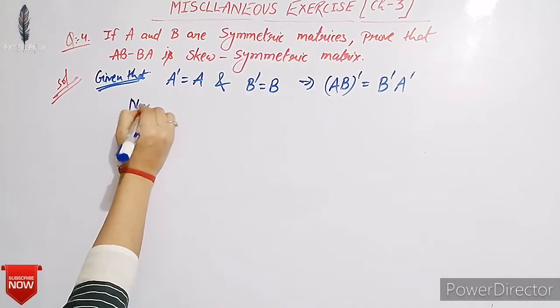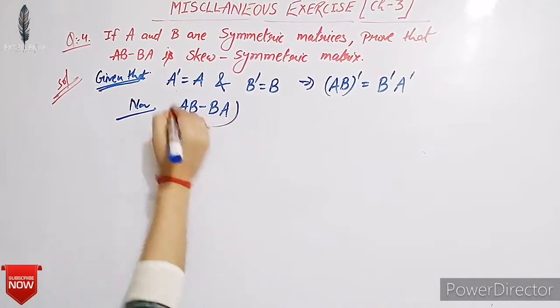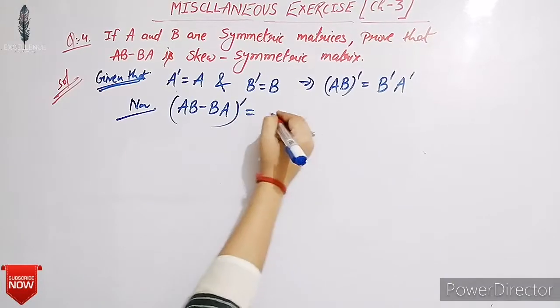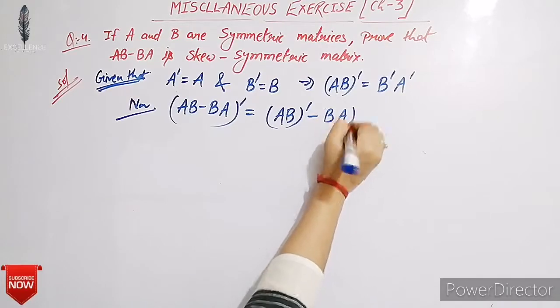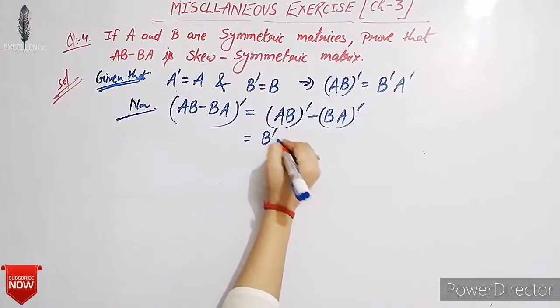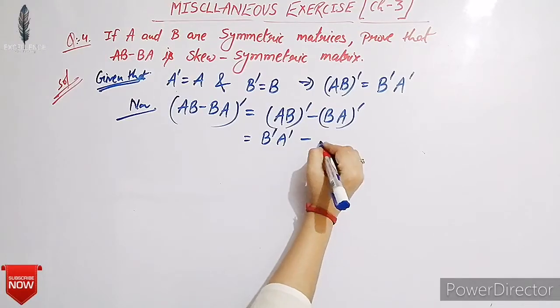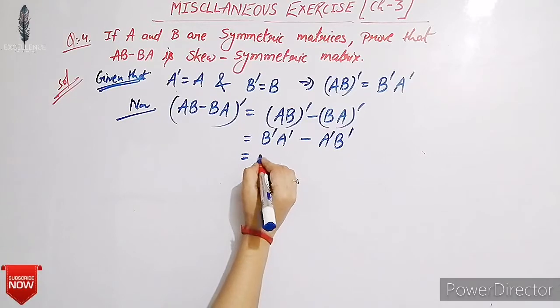So now (AB minus BA) dash is equal to (AB) dash minus (BA) dash, because we have to prove that AB minus BA is skew symmetric. So here (AB) dash is B dash A dash and (BA) dash is A dash B dash.